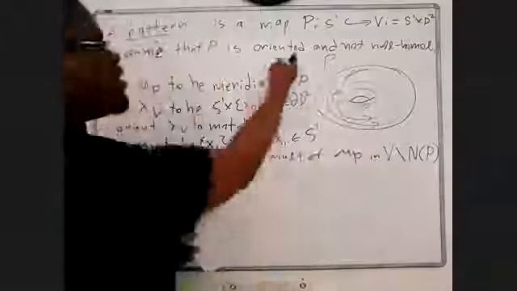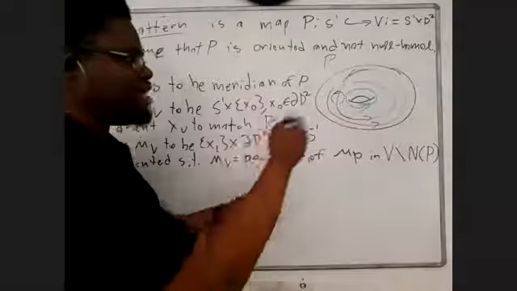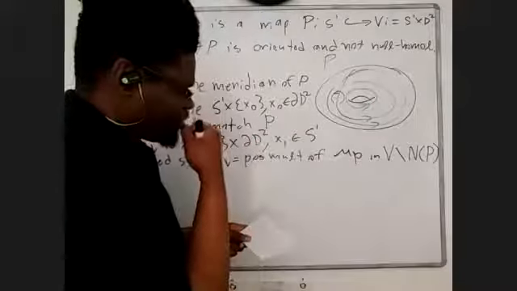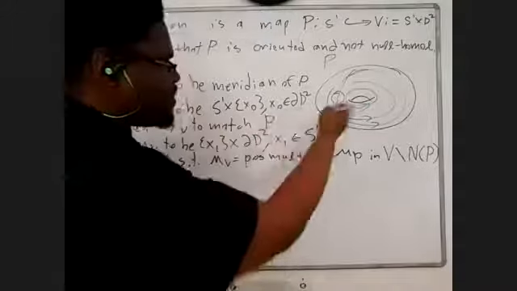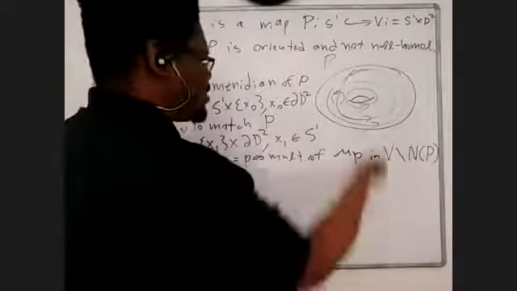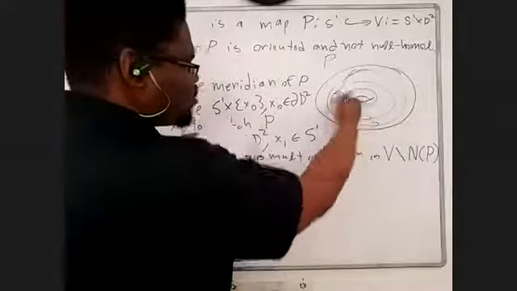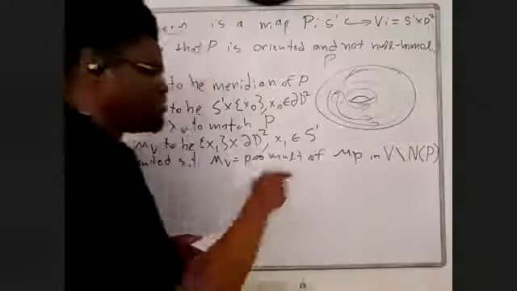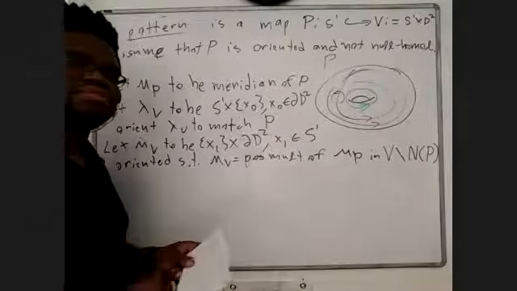But we know it's not null homologous, so if I look at one meridian, there's more of the pattern going in one direction than the other. And that's what we mean by a positive multiple.